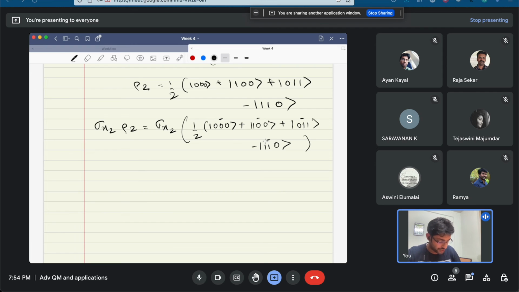So there are no conditions here, it has to flip. Okay, so that means you get your states as 1 0 0, 0 0 1 and minus 1 0 0. So this is what you can say your rho output is.